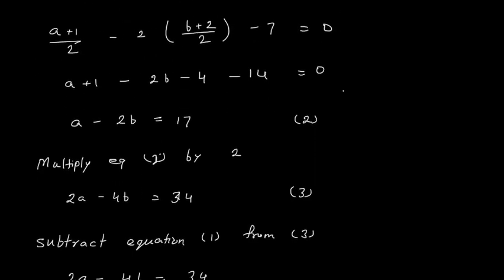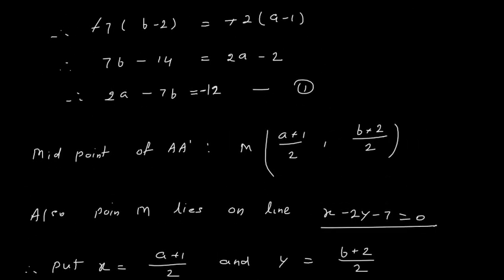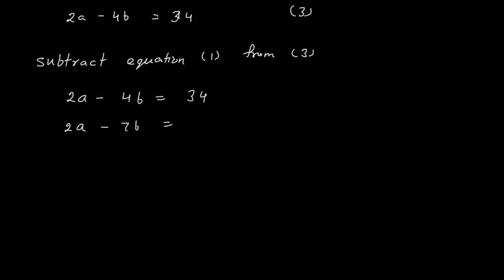So I will subtract, minus sign, this is plus sign, this is plus sign. So 7b minus 4b is 3b. So here we get 3b is equal to 34 plus 12, which is 46. Therefore the value of b is 46 upon 3. So we get the value of b.